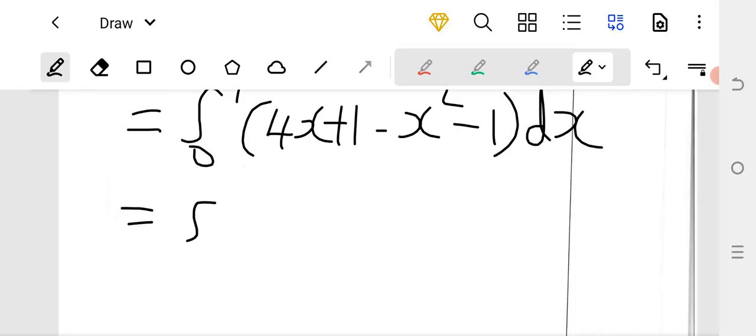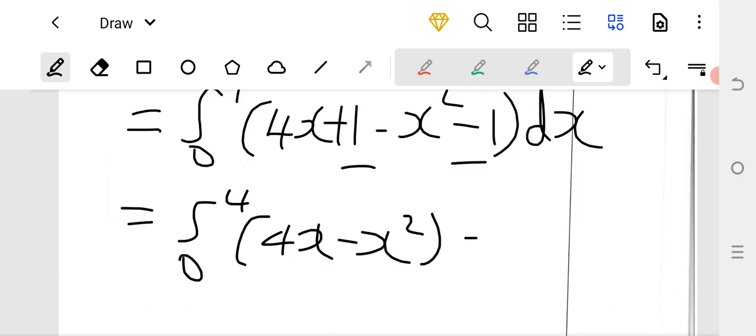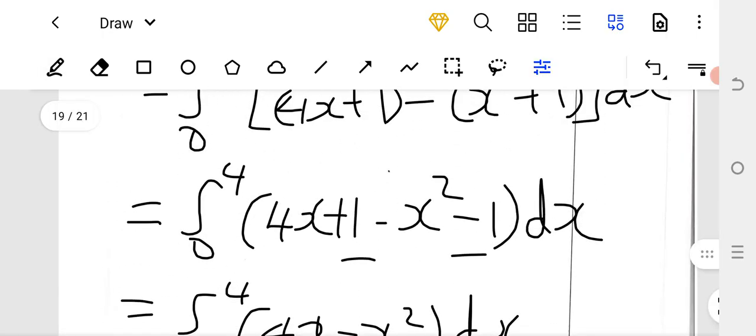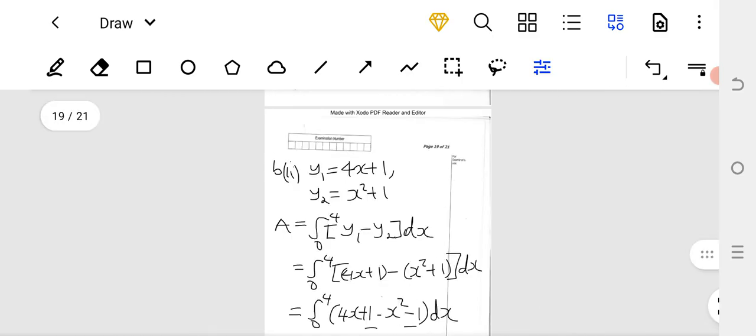Which is equal to the integral from 0 to 4 of this, and the 1s will give you 0. You remain with 4x - x squared dx. After we remain with 4x - x squared dx, we can now clean up what we have done.